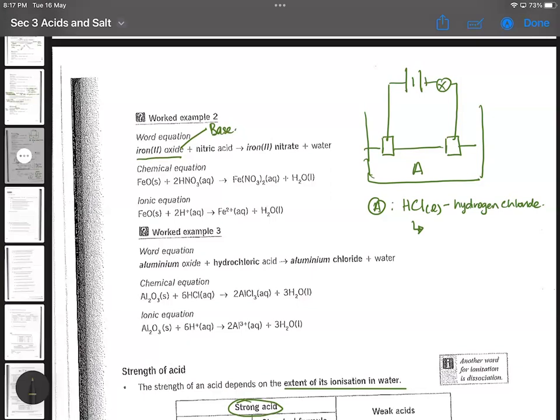Yes, because it has H plus ions. Okay, remember we define acids as substances that will produce H plus ions in the presence of what needs to be present for the acid to ionize?